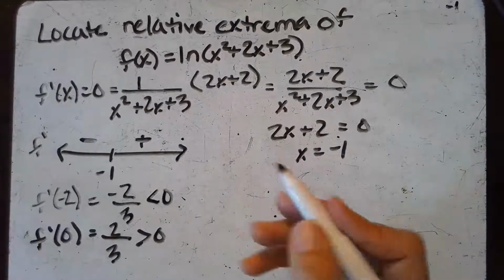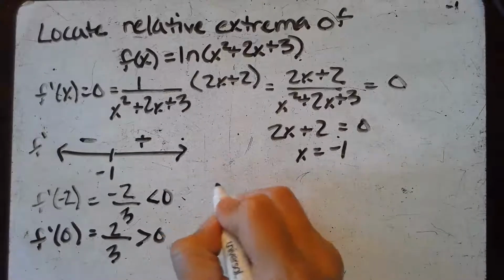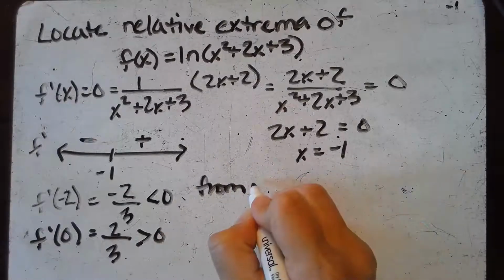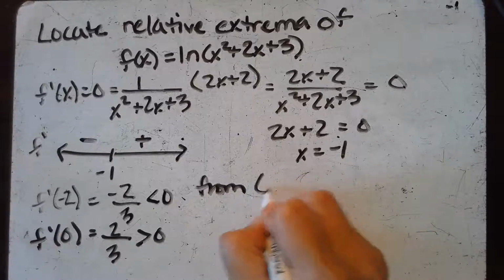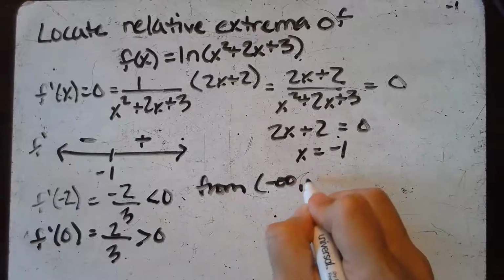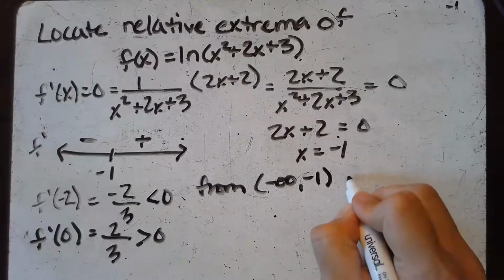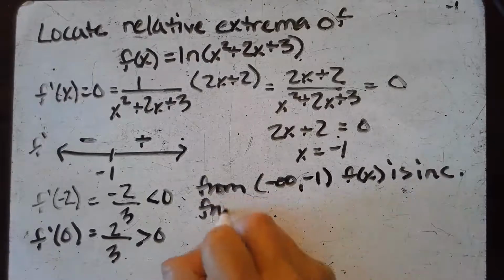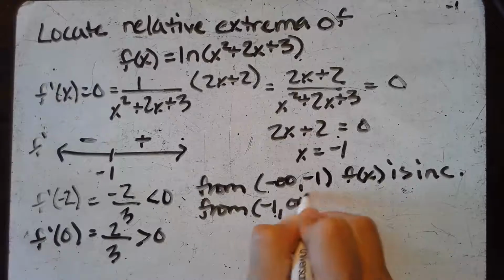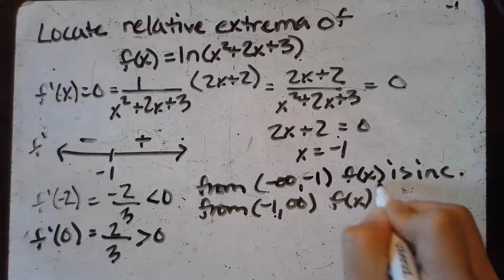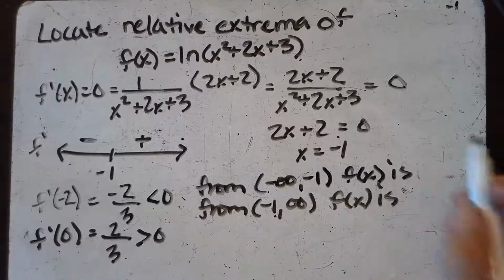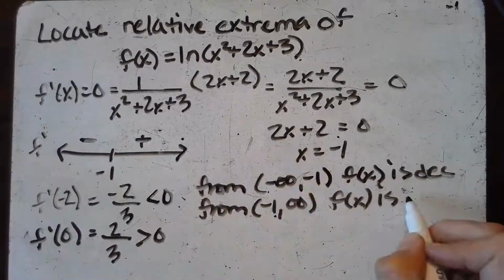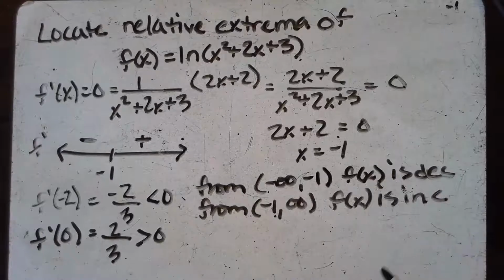So what I explain is that from negative infinity to negative 1, f of x is, and I said this wrong, this should be decreasing because it's negative, and from negative 1 to infinity, f of x is increasing because it's positive.